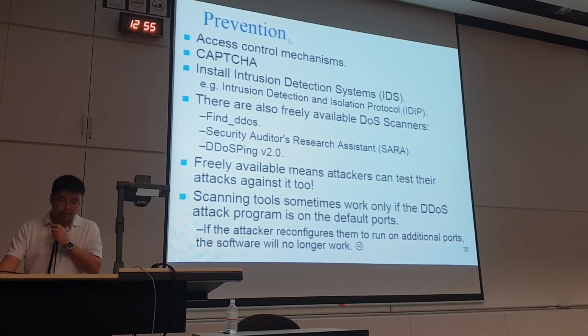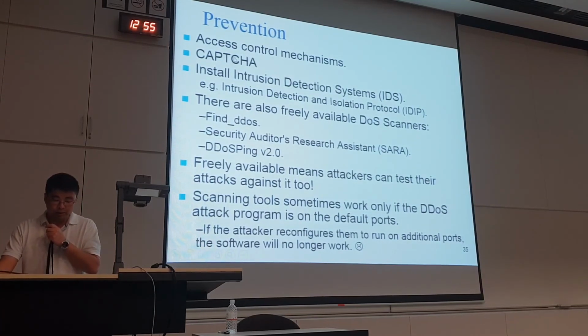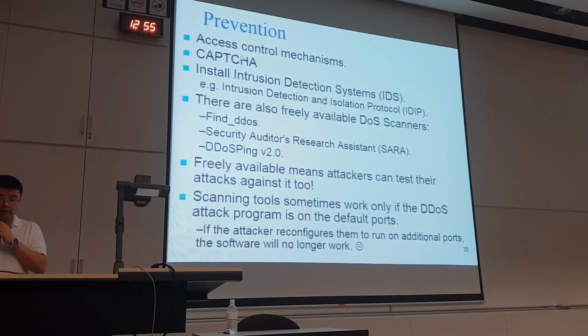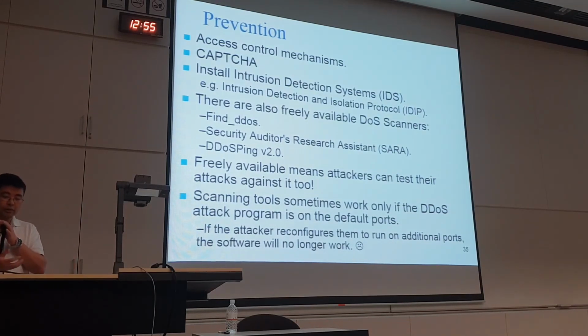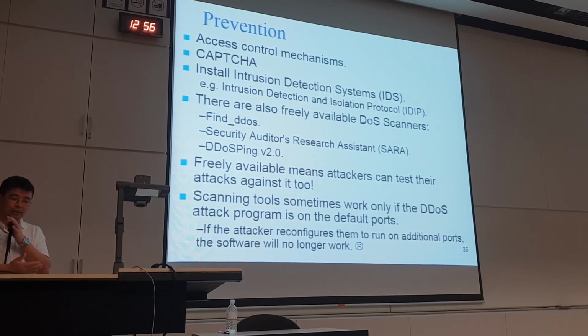CAPTCHA can also be used. If you want to prevent an attacker using a machine to perform this denial of service attack, you can simply send a challenge. The CAPTCHA is a challenge. If it's a zombie machine or a reflector, they will not solve the challenge in the CAPTCHA, because these are machines.